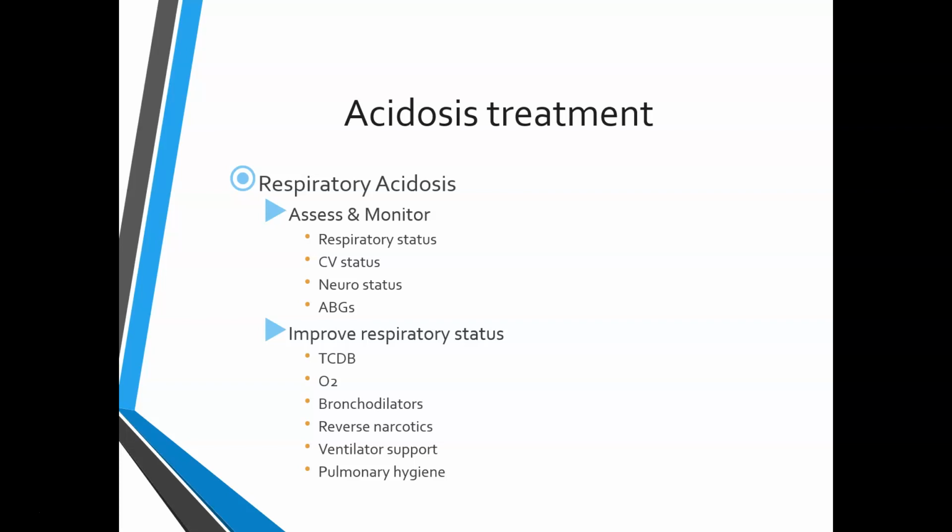You want to improve your patient's respiratory status through different techniques of turn, cough, deep breathing, provide oxygen as prescribed, bronchodilators, narcotic reversal if the cause is from overuse of narcotics like opioids. This will be through the use of Narcan or naloxone. Ventilator support for patients that need it, and pulmonary hygiene.